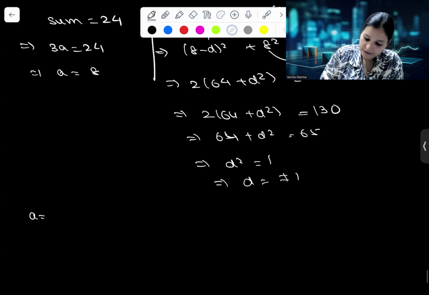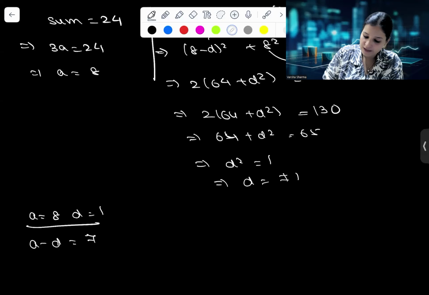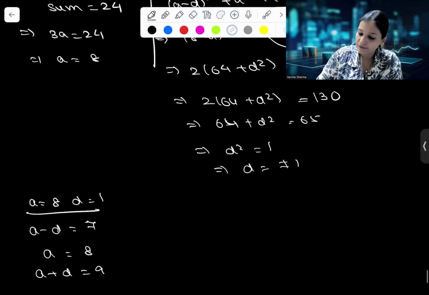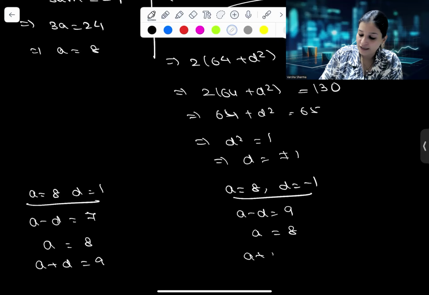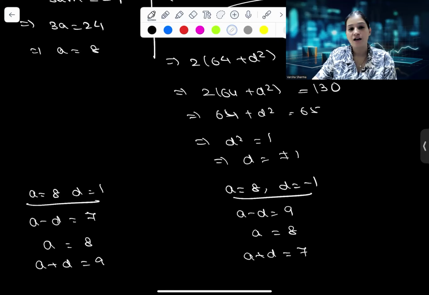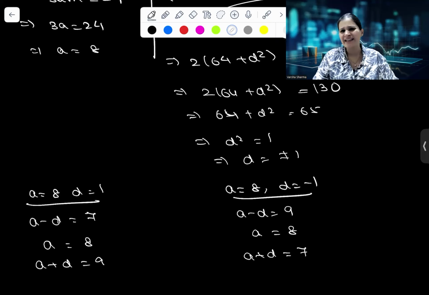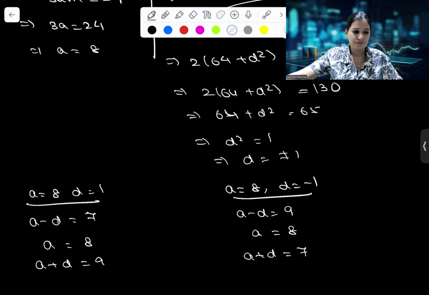So A is 8, D is 1. Let's find the terms. A minus D is 7, A is 8, A plus D is 9. With D minus 1, A minus D is 9, A is 8, and A plus D is 7. So my three terms will be 7, 8, 9 in any order. Clear? Okay.